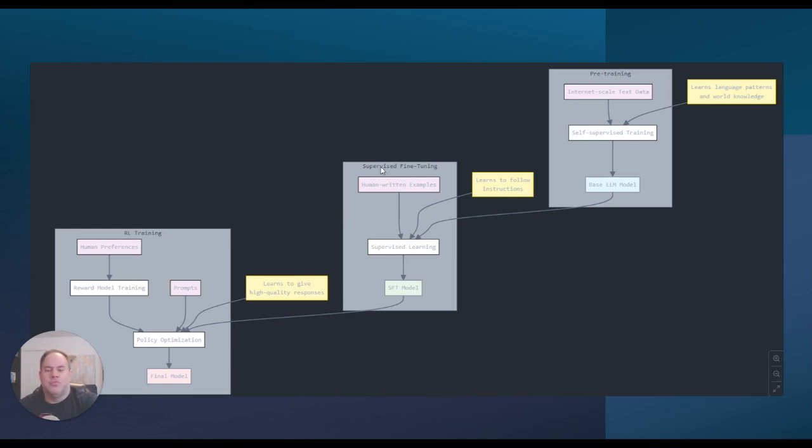You have some human-written examples where you provide the questions and then the answers together, so it can continue to train and provide a little bit of inference and contextual analysis. Then it goes from that supervised fine-tuning model into the RL training model.